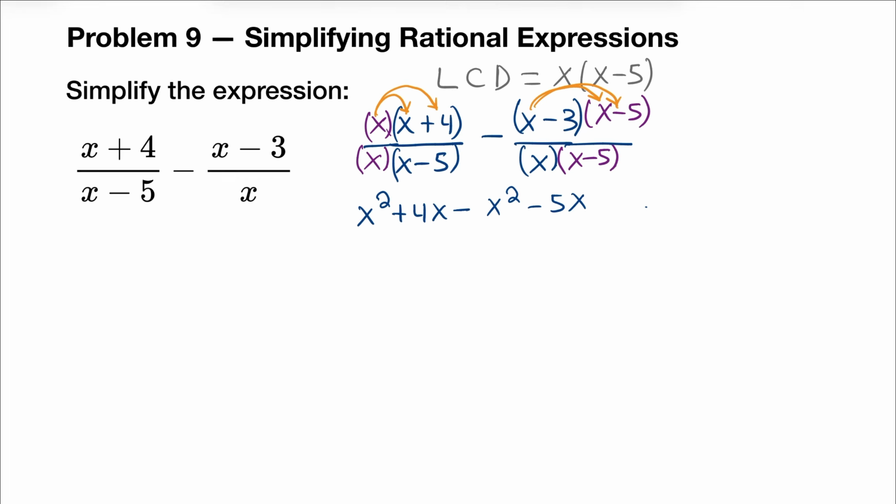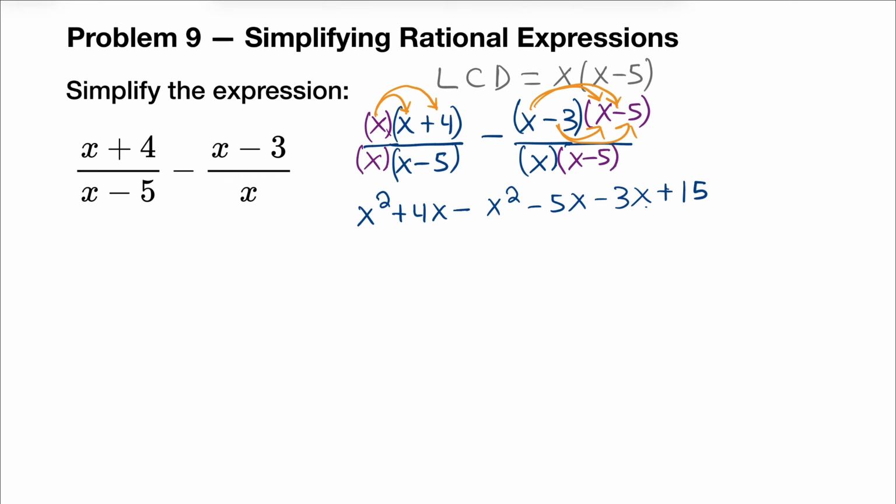All right, we have negative 3 times x is negative 3x. Last but not least, we have negative 3 times negative 5 is positive 15. Okay, so let me make this a little bit clearer. That should be a 15.